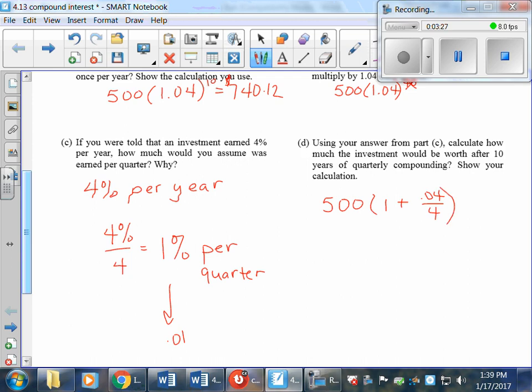Now, how many times are we going to be doing this? For 10 years, but 4 times per year. So basically, you could have put 500 times 1.01 to the 40th power, which turns out to be $744.43, which makes sense. All right, so write down what you need to, and let's go on to exercise 2.